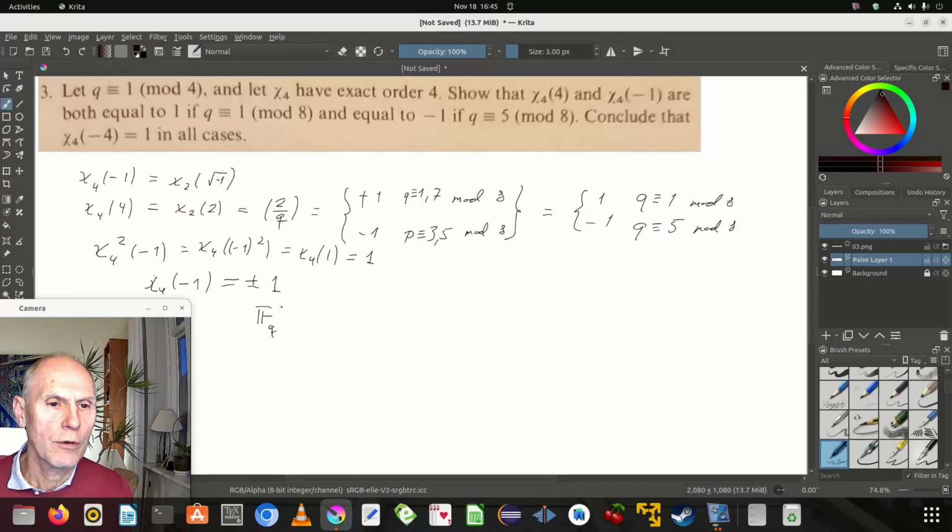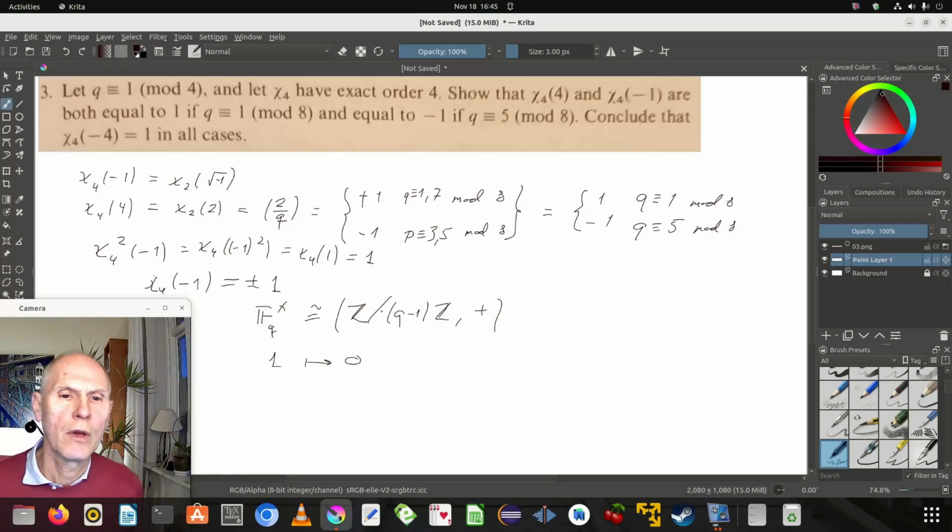So the multiplicative group here of FQ is isomorphic with the number group of Q minus 1 elements with addition, and the unit element, of course, maps to the unit element there.